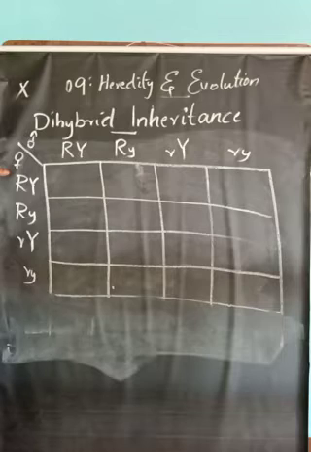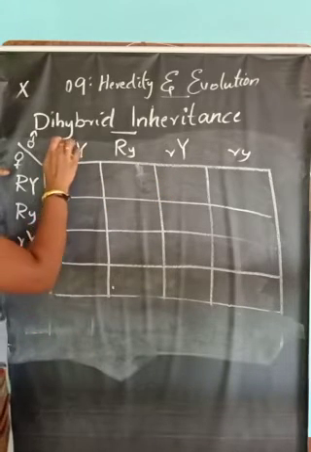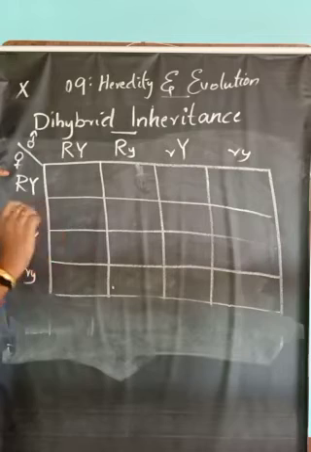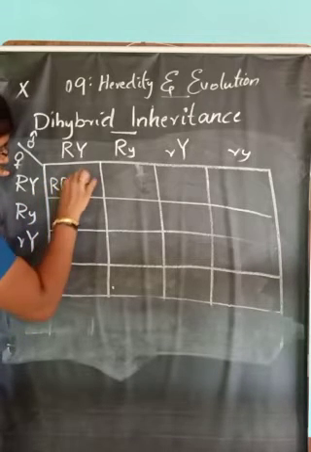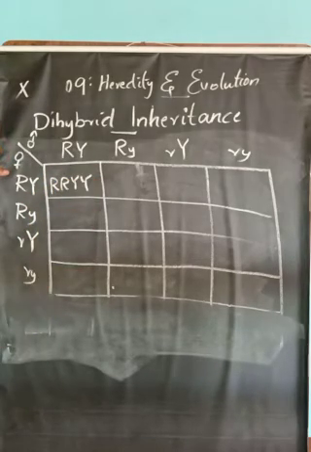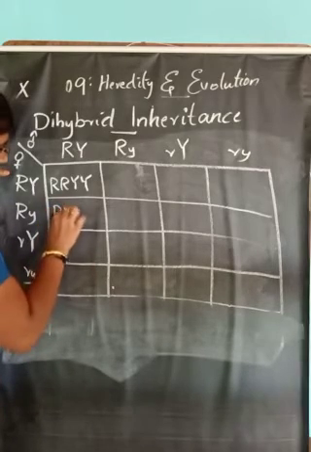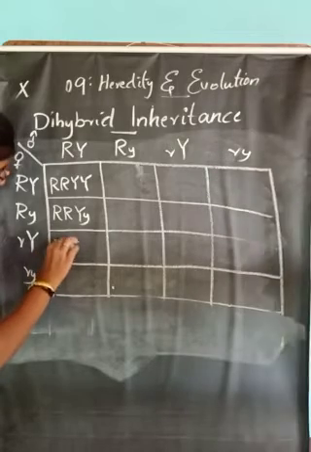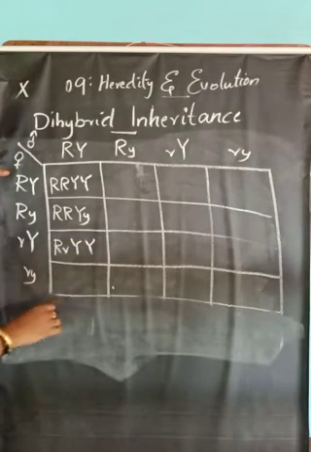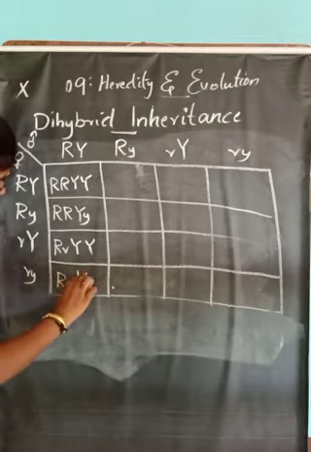Actually, these are offspring. By combining this gamete with this gamete, we get a hybrid having the genotype capital R, capital R, capital Y, capital Y. Here we get capital R, capital R, capital Y, small y. Here capital R, small r, capital Y, capital Y. Here capital R, small r, capital Y, small y.